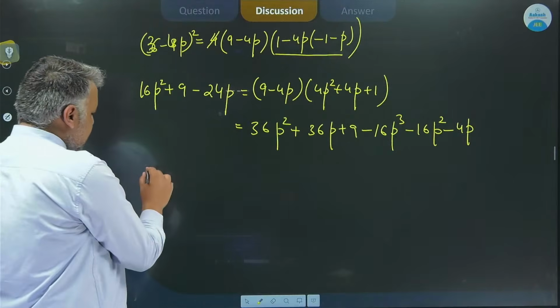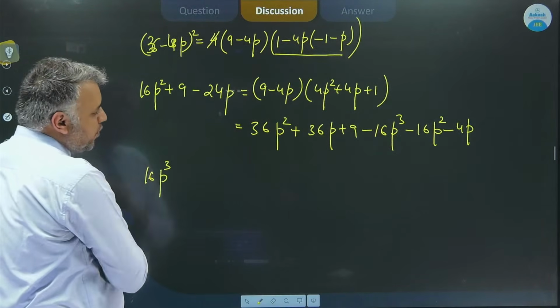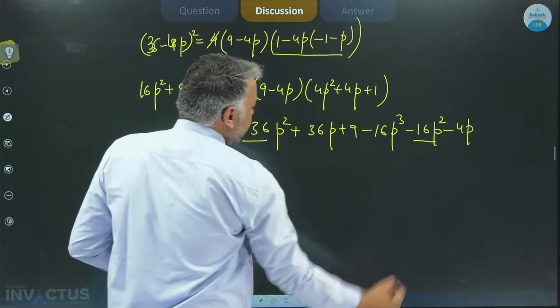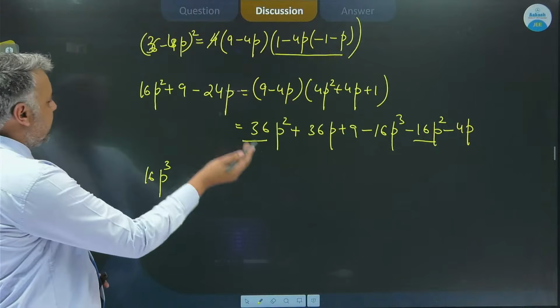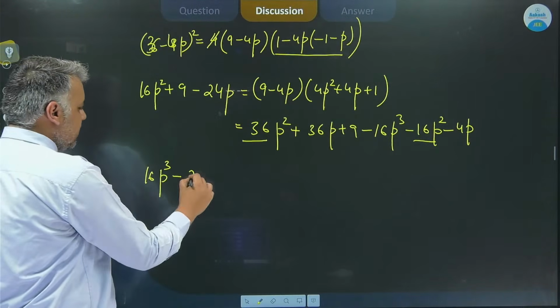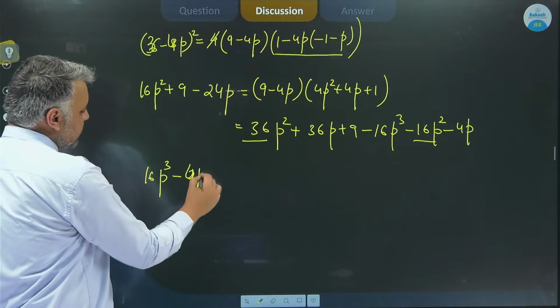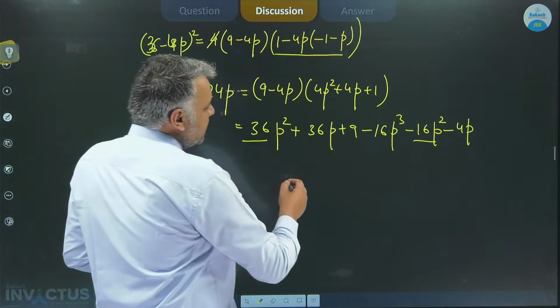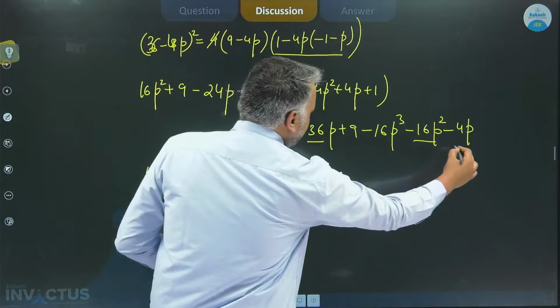So we get 16p cube, and the coefficient of p square is 20p square in the right hand side. So if we take it to the left hand side, it will be minus 4p square finally. The coefficient of p in the right hand side is 32p.